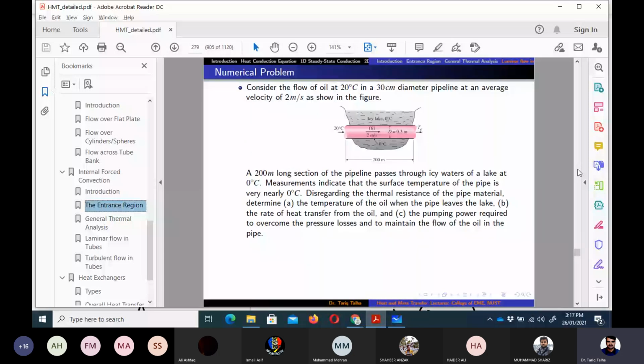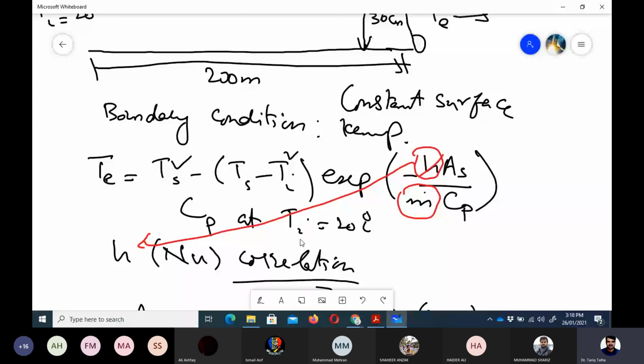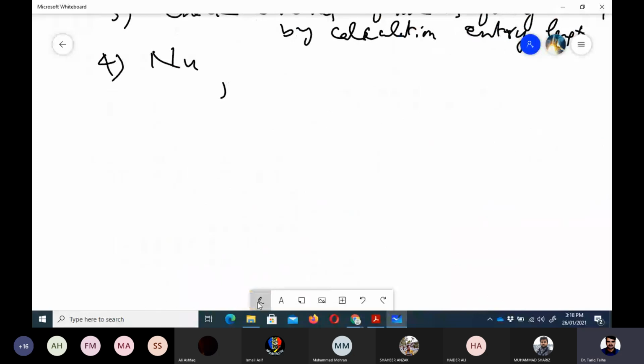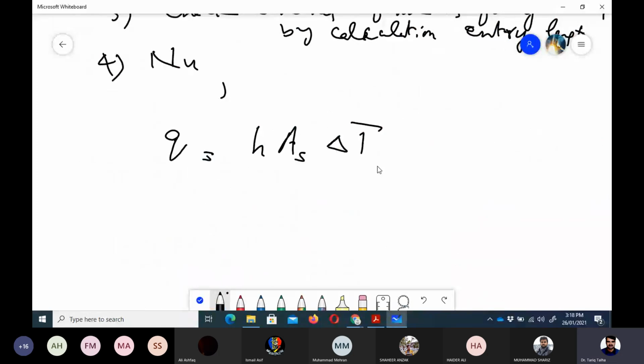The second thing is the calculation of heat transfer rate. For that, we know that for the constant temperature boundary condition, we can use the relation Q is equal to h A_s into delta T logarithmic.